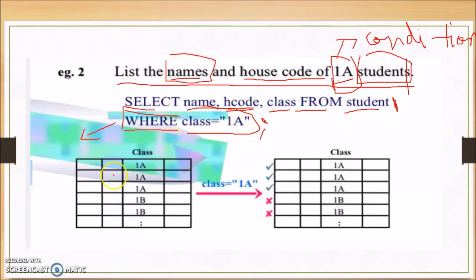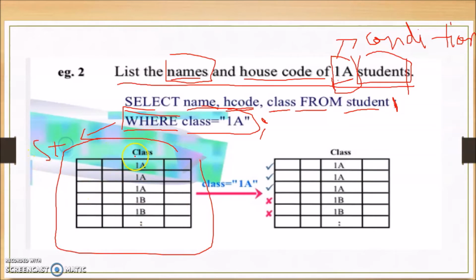If you can see in this figure, there is a table, the student table. In this we have a column known as class. If you can see, there are multiple classes, 1A, 1A, 1B and so on. Now from this complete table we require the class which is 1A.